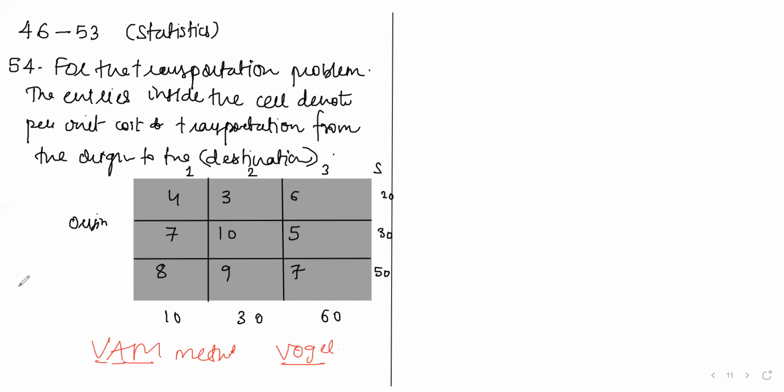Please do not apply northwest and least cost. We get a good solution, in fact an optimal solution, by the VAM method, and it is confirmed by the UV method, also called the MODI method. This method will confirm that it is optimal, but we can give the solution by using the VAM method. So I'll apply Vogel's approximation, and let's see how to apply it.